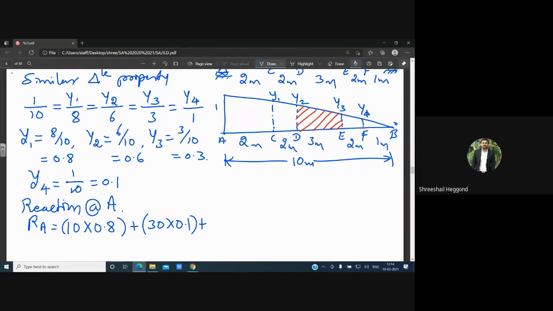That can be done as 20 kilonewton per meter load applied into the area under the UDL, that is half into the sum of parallel sides, that is 0.6 plus 0.3, that is y2 and y3, into the perpendicular distance between the parallel lines, that is 3.